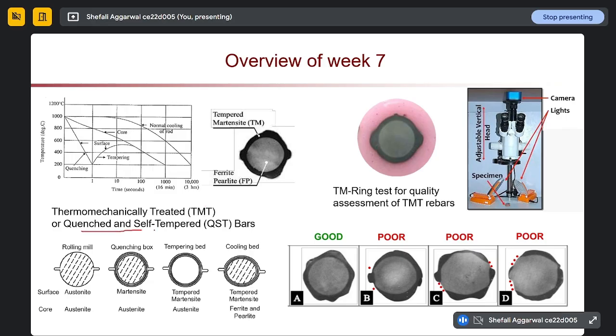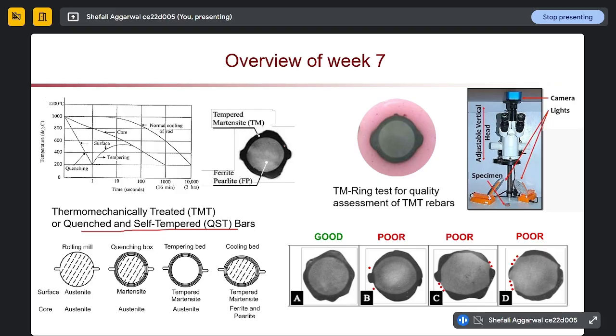Or they are called quenched and self-tempered rebars. The step that happens is, while milling, we are forming it, and then we are suddenly heating it, and when it is heated, it is suddenly cooled down.